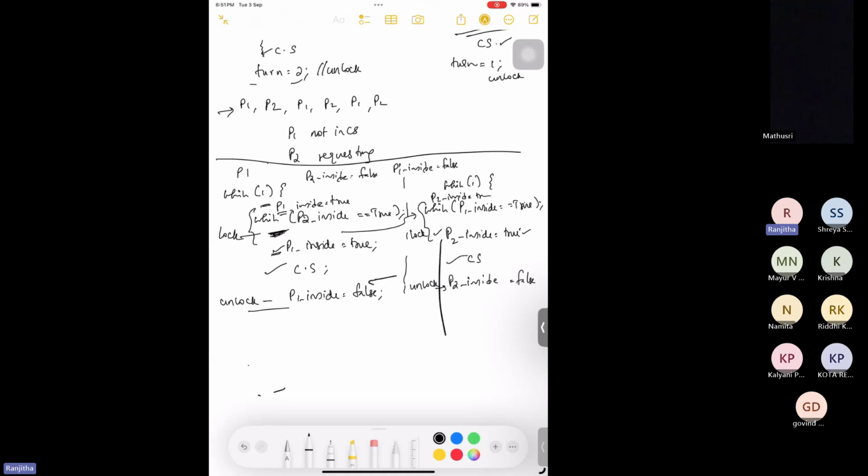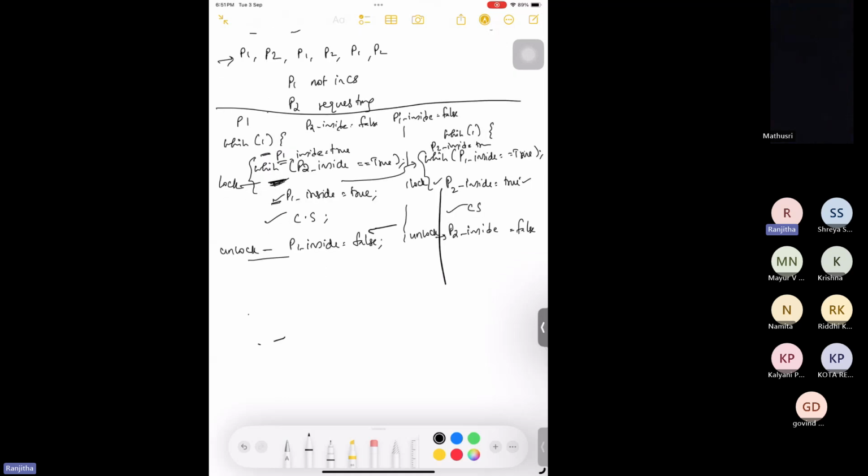So another solution to such a deadlock scenario was suggested by Peterson. This solution is only for two processes. When a deadlock-like situation comes, Peterson suggests having one more variable called favored, and this favored can have only two values, either 1 or 2.